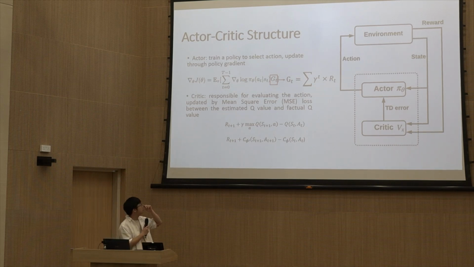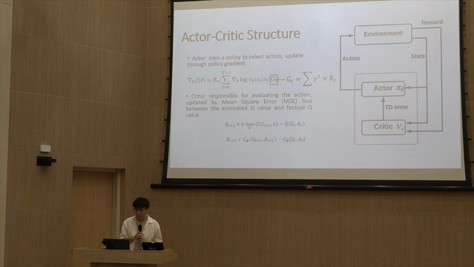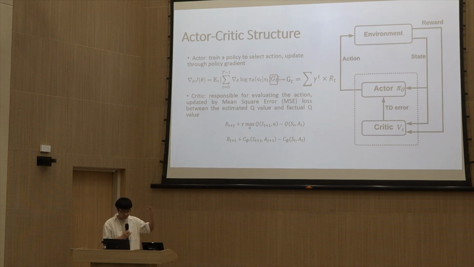So here you can see that the pi theta in this equation means the parameters of the actor neural network, and it will select the action AT under the state ST. The GT here is the cumulative reward in this whole episode. And thus we use a separate critic network to evaluate the action selected by the actor.